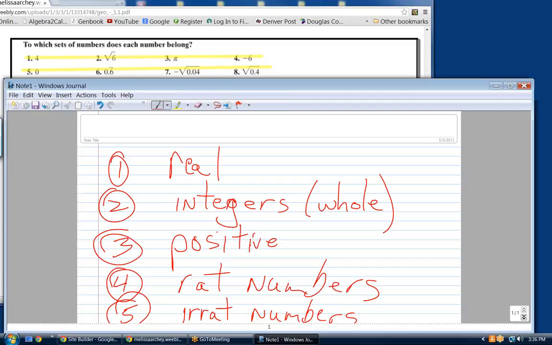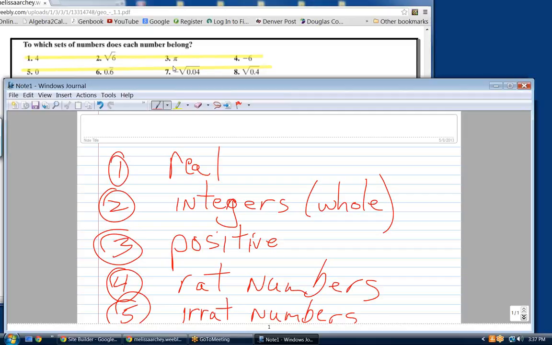Okay. We should put in our thing where natural numbers are counting numbers, like 1, 2, 3, 4, etc. Whole numbers are natural numbers and 0. So 0, 1, 2, 3, 4. Okay, that's fine. And square root of 6 belongs also to irrational numbers.